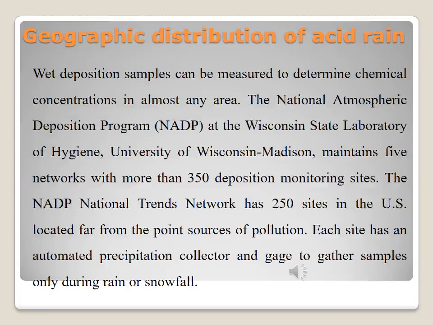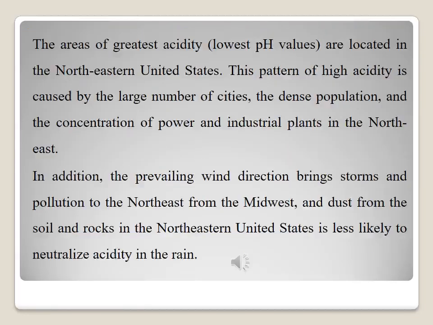The NADP National Trends Network has 250 sites in the United States located far from the point source of pollution. Each site has an automated precipitation collector and gauge to gather samples only during the rain or snowfall season.